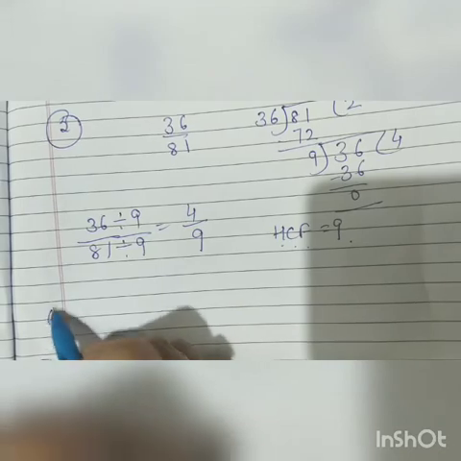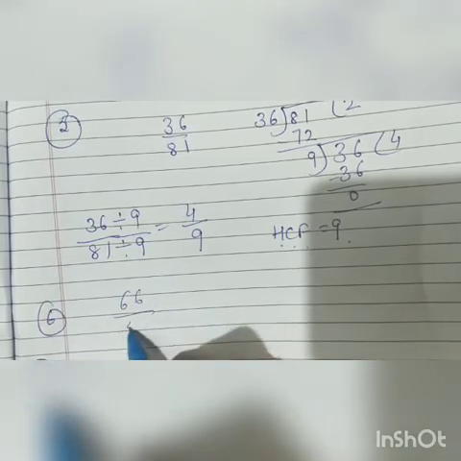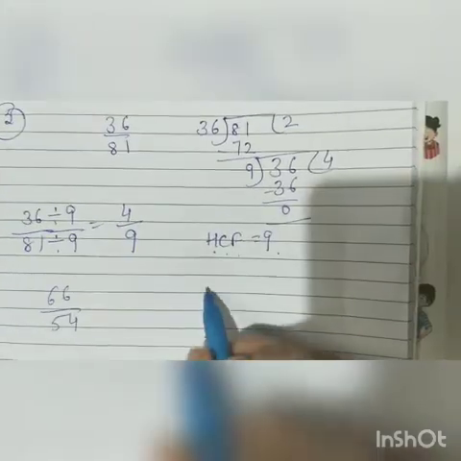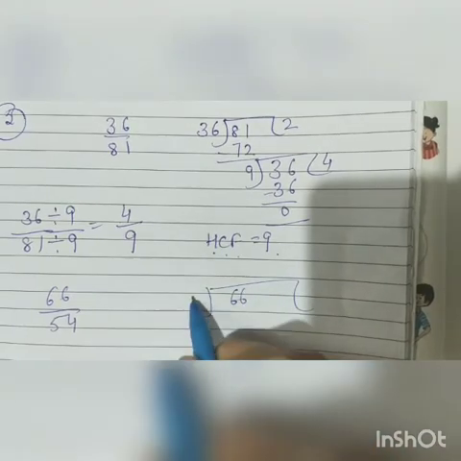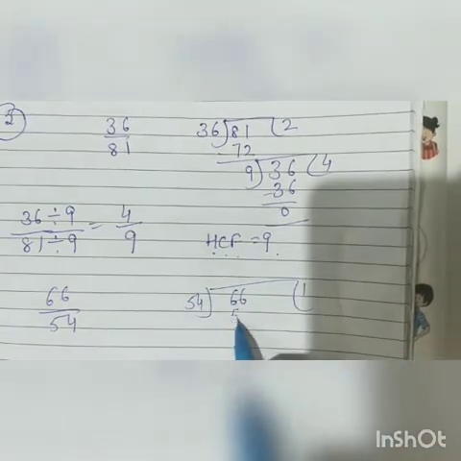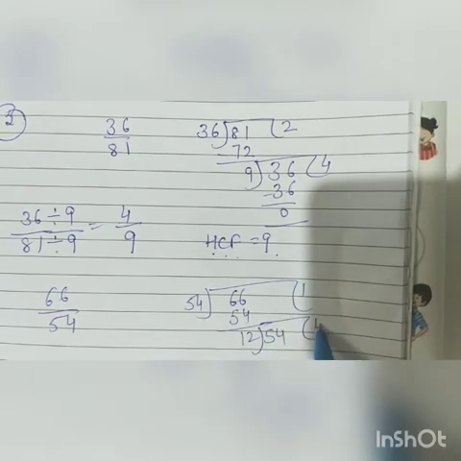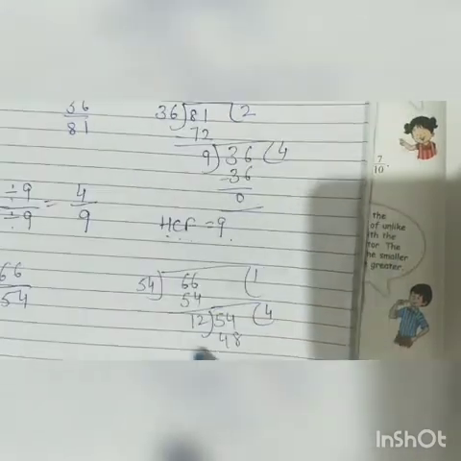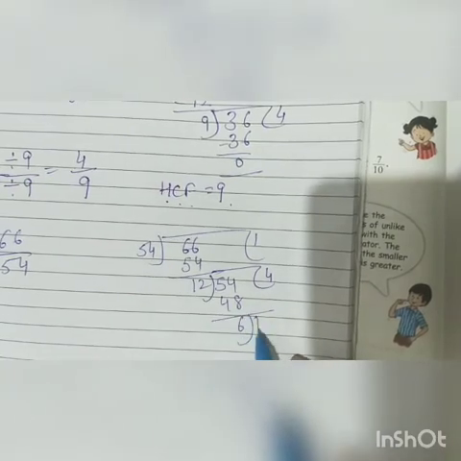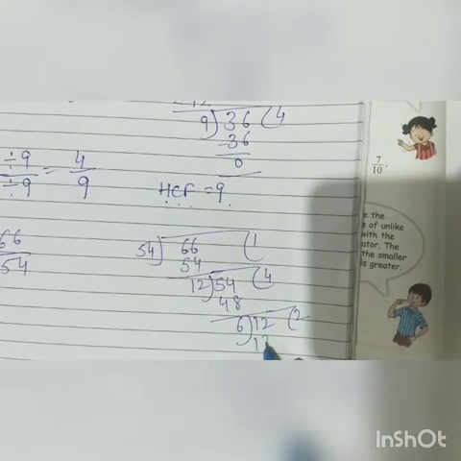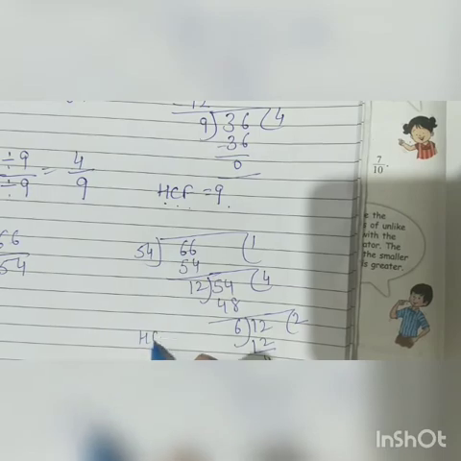66 by 54. In the same way we will find the highest common factor, HCF, by the long division method. 12 4s are 48. The remainder is 6. 6 2s are 12. The HCF is 6.